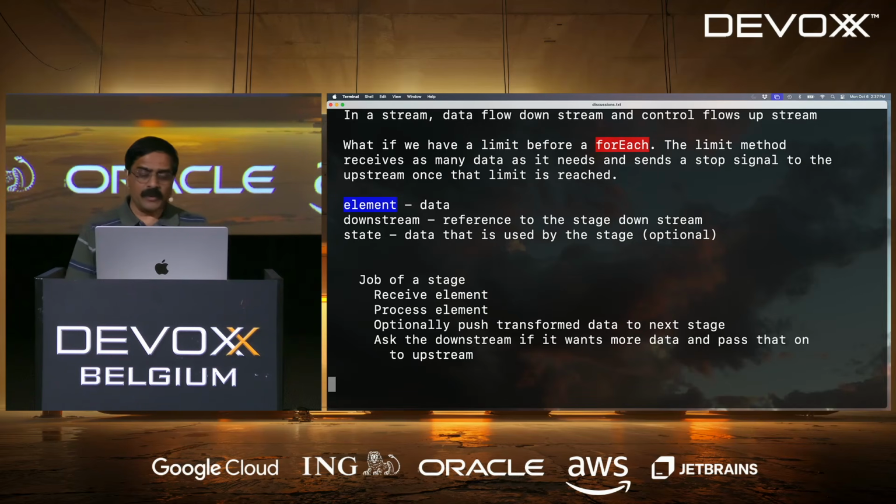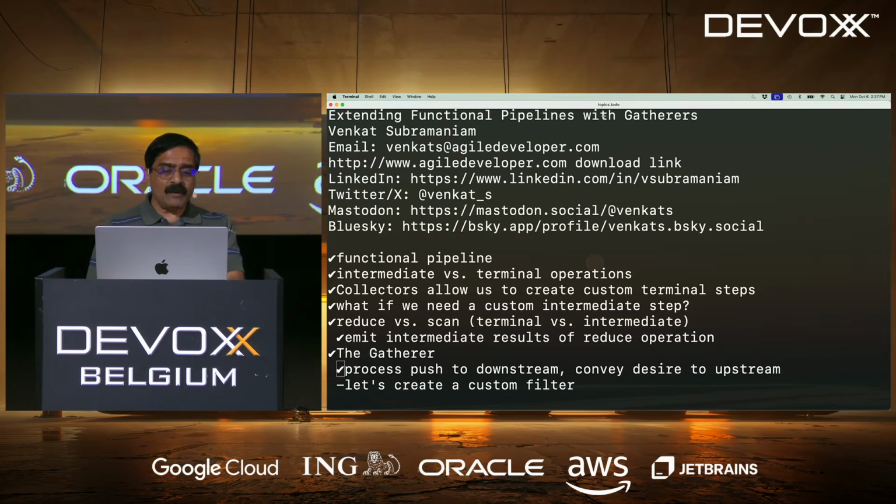In order to implement it, just as a warm-up exercise, I'm going to implement a custom filter. The only time you ever implement a custom filter is after saying nobody should implement a custom filter, right? Because filter is already there. There is no reason to implement a custom filter.